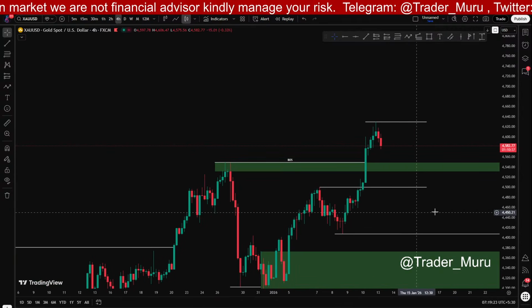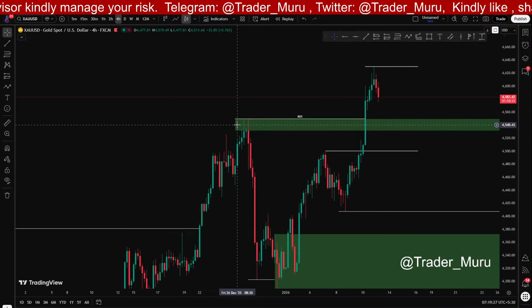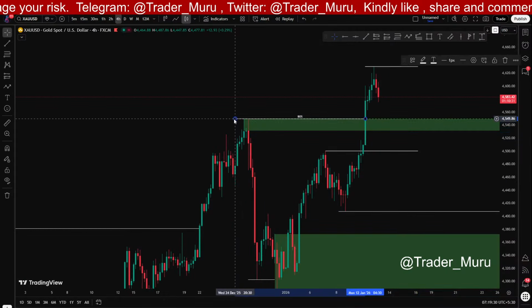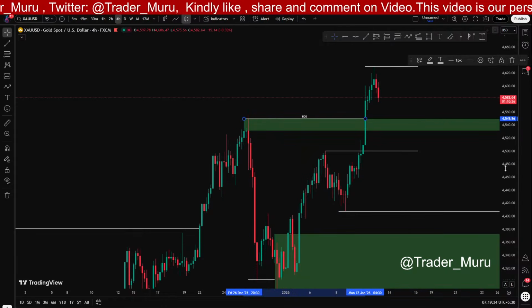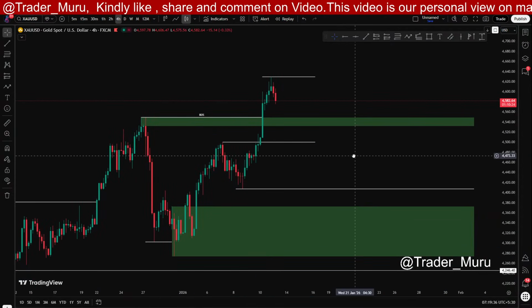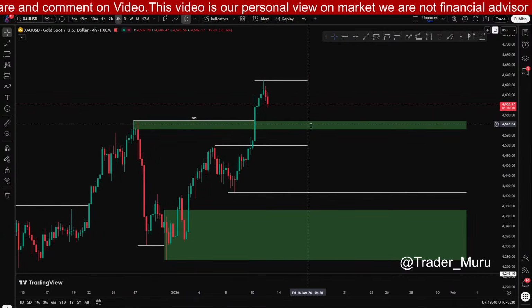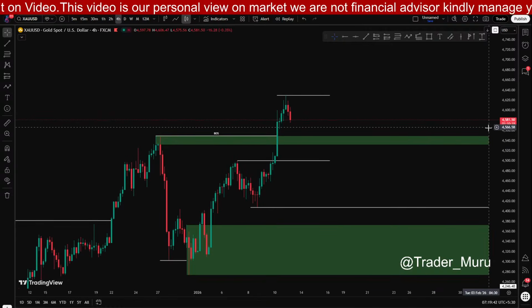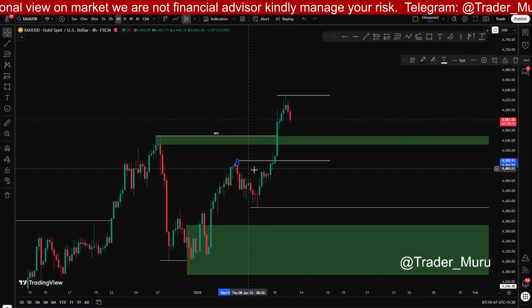Now 4 hour. The 4 hour structural area is the same as the daily time frame here. And when we have the same structural area, it makes the area much stronger. So this is our first buying POI, and below that this is a maximum wick liquidity area.